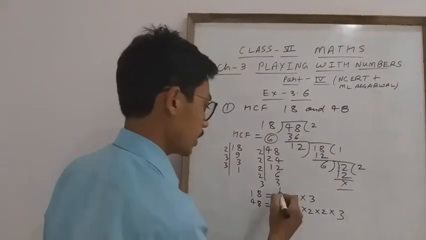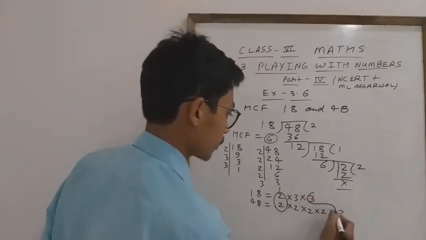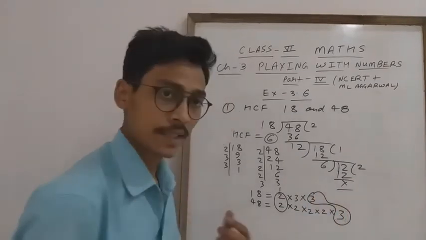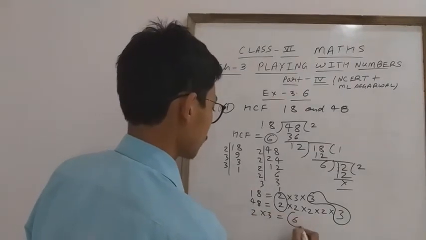What is common? One 2 is common and one 3 is common. Only these are common. So we write 2 times 3 equal to 6.